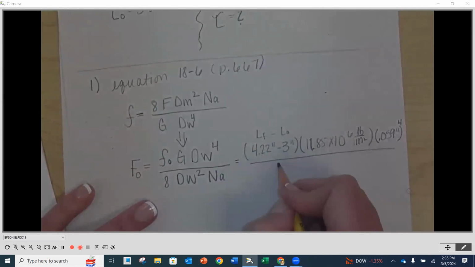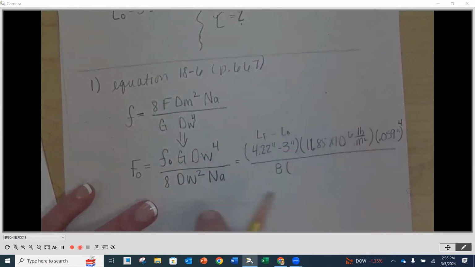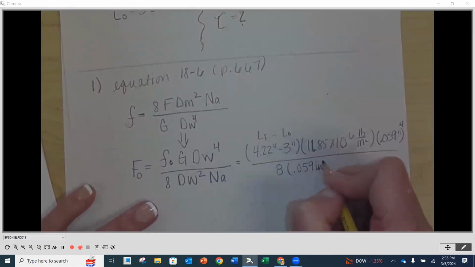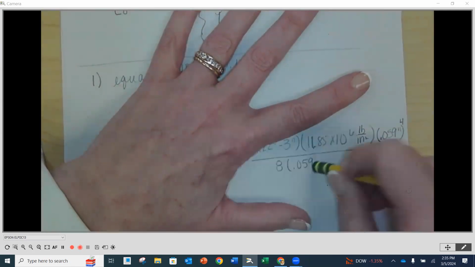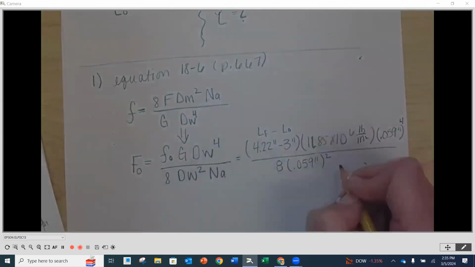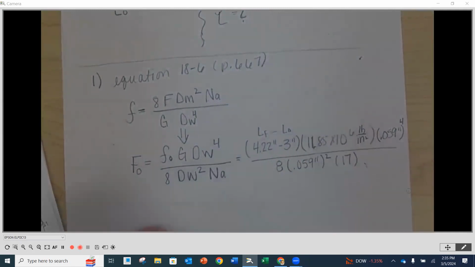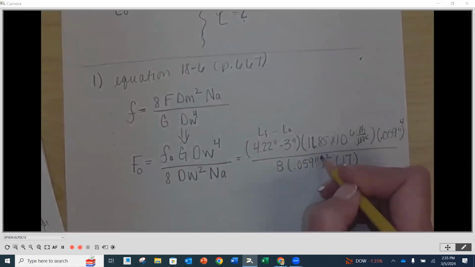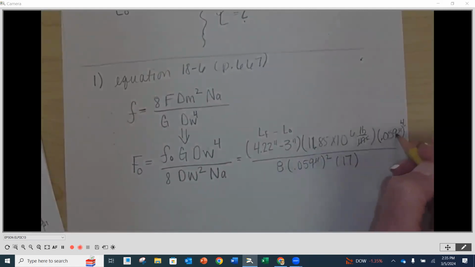Divided by 8 times my wire diameter squared, 0.059 inches. I'll do the symbol so it's consistent top to bottom. And that's going to be squared times 17 coils, the active number of coils. Now you can go ahead and plug that all in, or you can take my word for it. So these inches squared and those inches squared are going to get rid of the inches to the 4th.